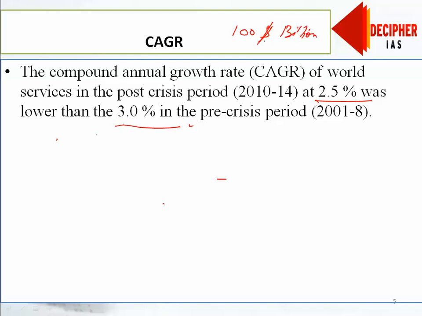Fine. It was growing at 3% per year. If you suppose 3% per year means $103 billion in the next year, and again now add 103 billion plus 3% of 103 billion. This will come after the second year.